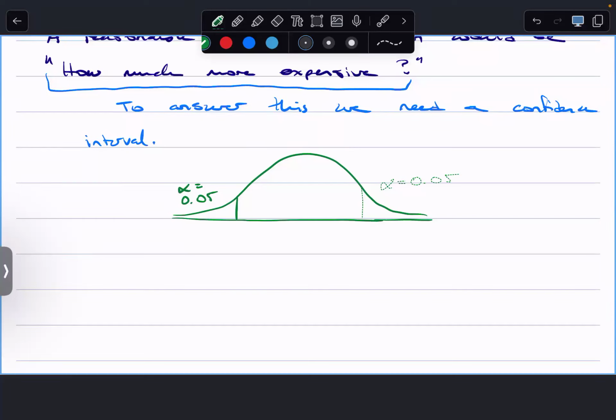So for a corresponding confidence interval, for an alpha level of 0.05 for a one-sided test, I'm left with 90% here in the middle, right? I've lobbed off 5% in either tail.